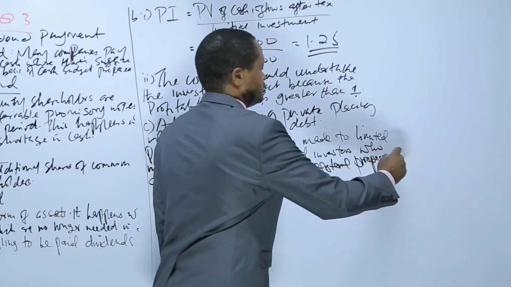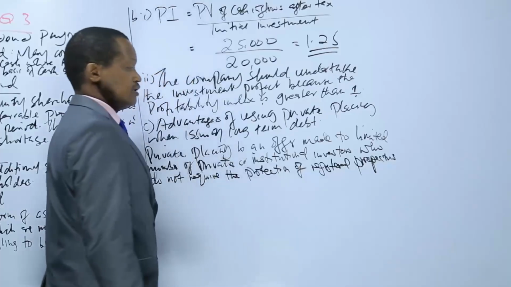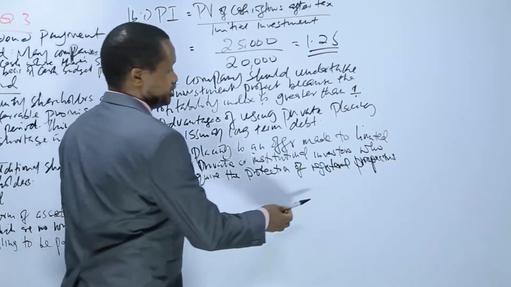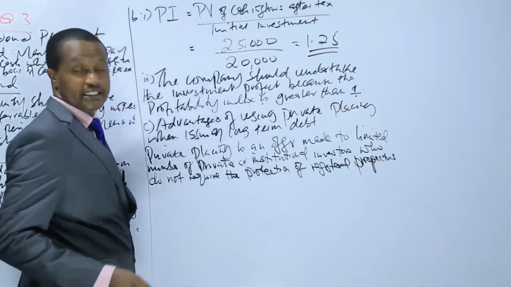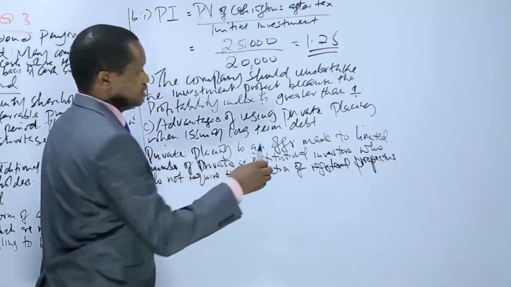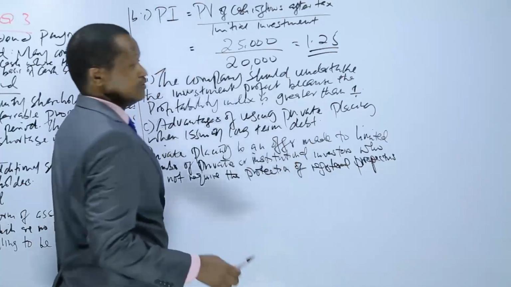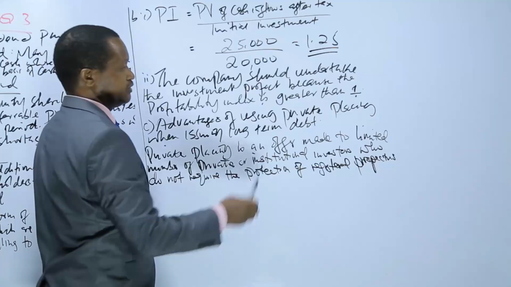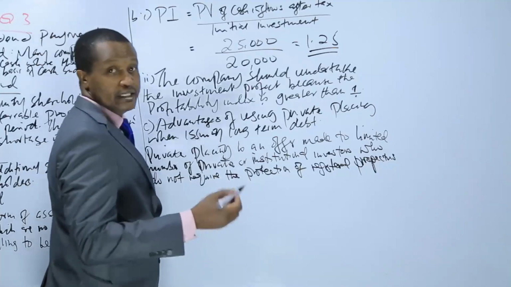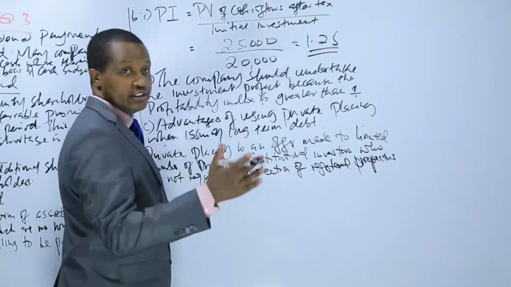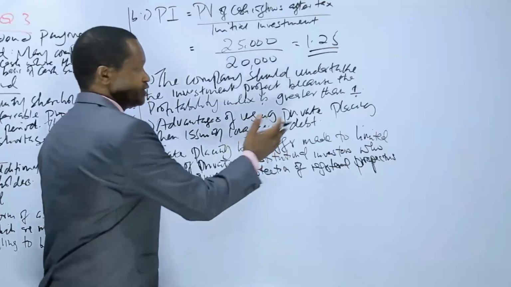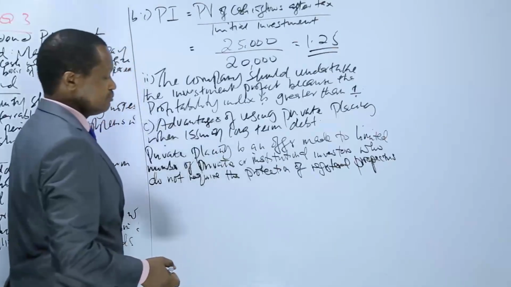prospectus. So I would want you to go and read more on private placing, especially for equity, and public placing. Get to know the difference between private placing and public placing.